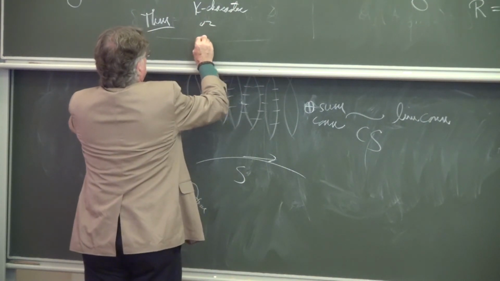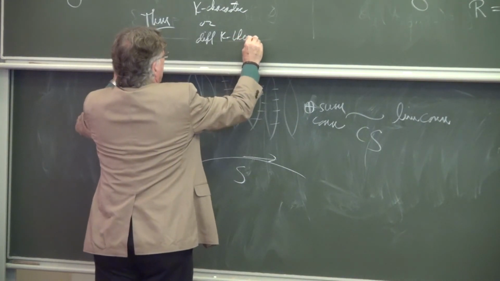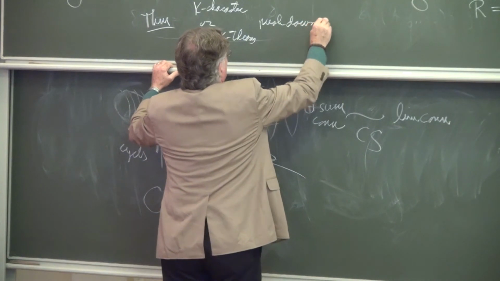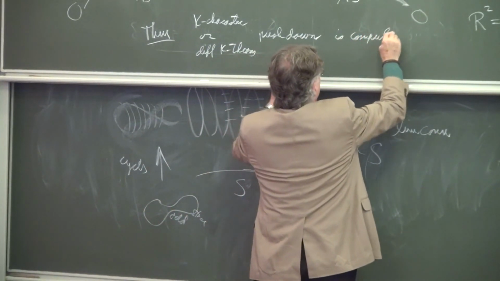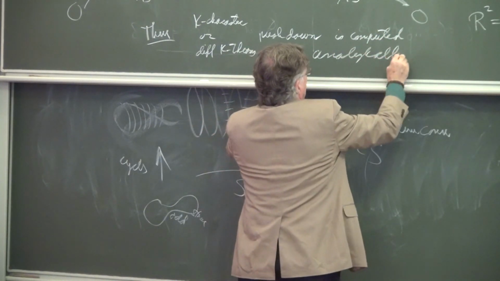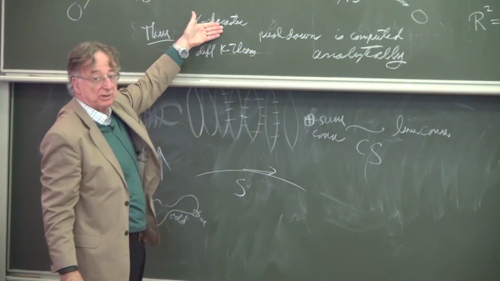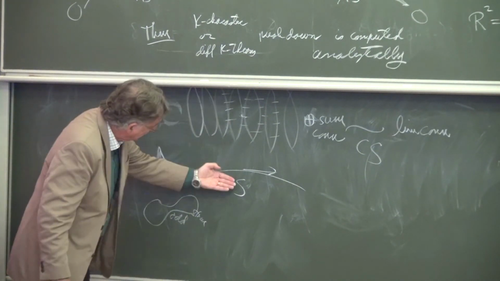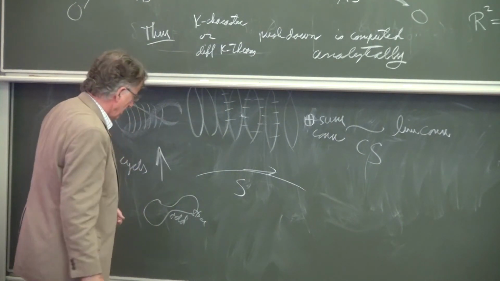So we get a families index theorem: the K character of differential K theory pushdown is computed analytically. So this object is determined by these numerical invariants. So we take one cycle, we push it down, and here we want to compute this number.